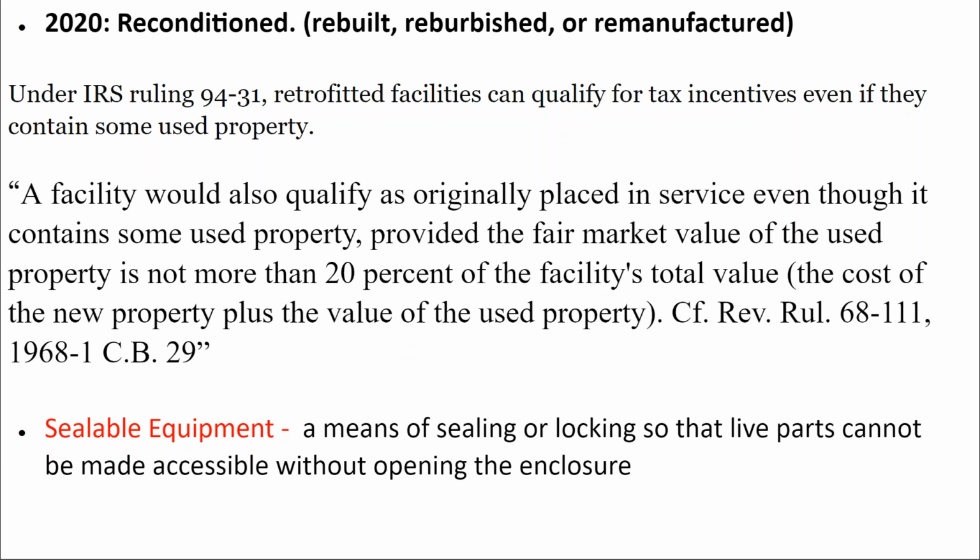That's pretty interesting, because actually the commercial solar tax credit can qualify used equipment for the tax credit, provided that only 20% of the equipment is used and 80% is new. So there's kind of a reconditioning or refurbishment that is built into code and also comes up in other arcane rulemaking processes.